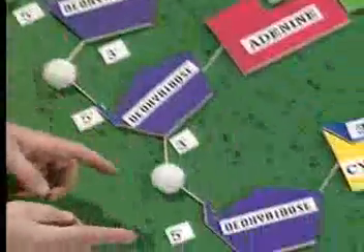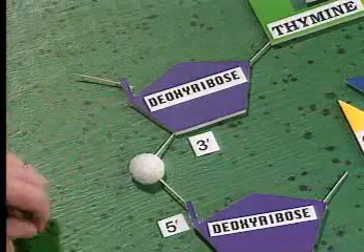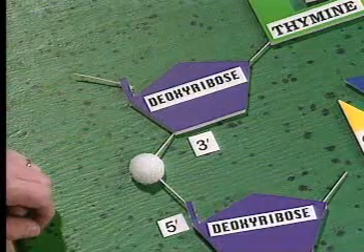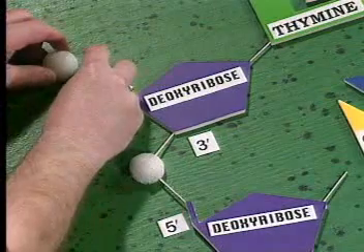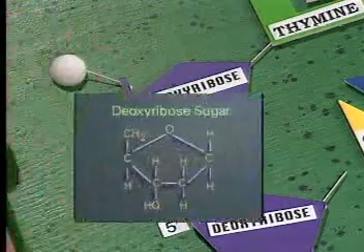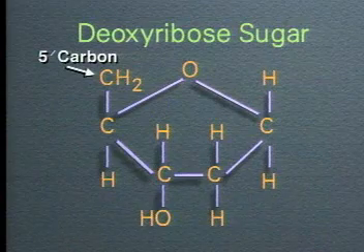DNA polynucleotides have a beginning and an end, just like sentences do. At one end of the molecule, a phosphate group is attached to the 5th carbon. This is called the 5' carbon of the sugar deoxyribose.